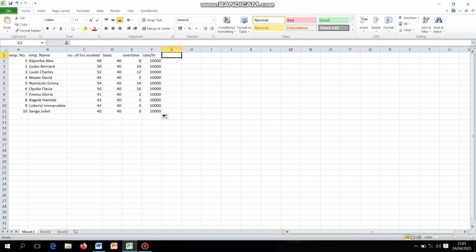Then I'll go to the next part, and that is the basic pay. I'm going to look for the basic pay, and to get it, I'm going to use the formula which is equals.